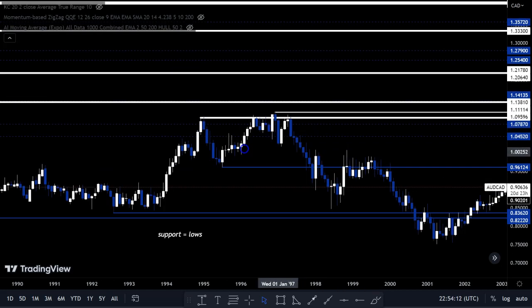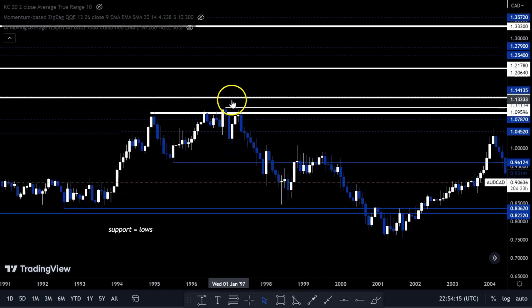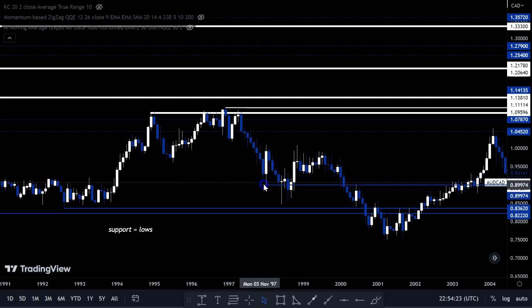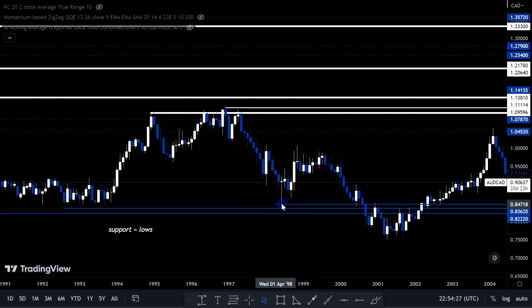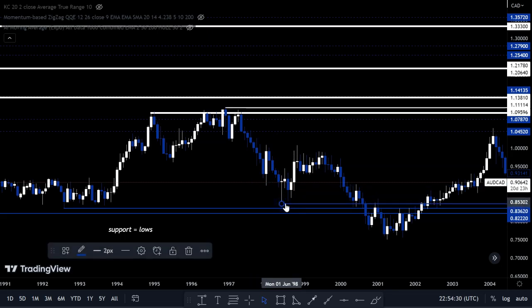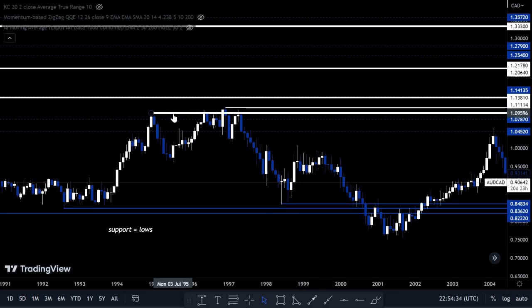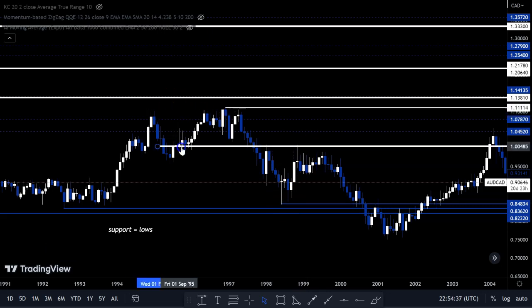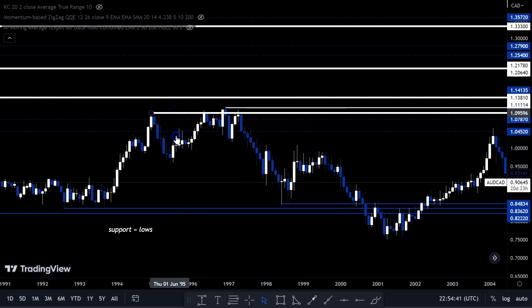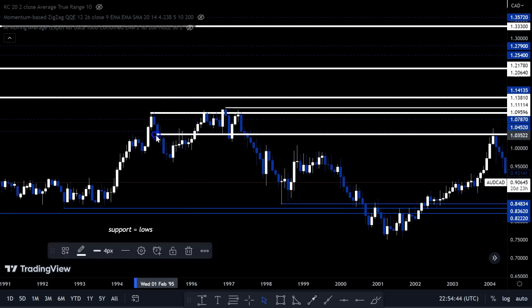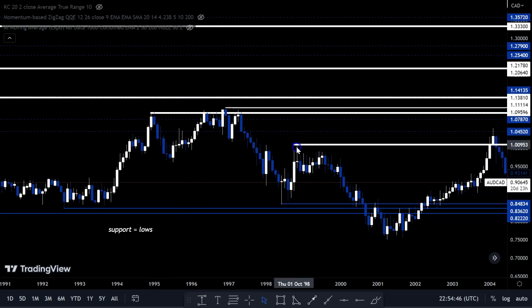So this resistance pushed down the price, breaking this level, creating this level here, and I see that the level was further broken down, creating this level here, you see, and this level pushed the price up again, forming another resistance as well, forming another resistance here, make it exact.